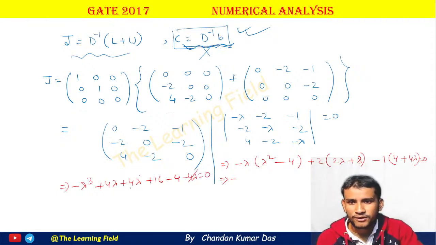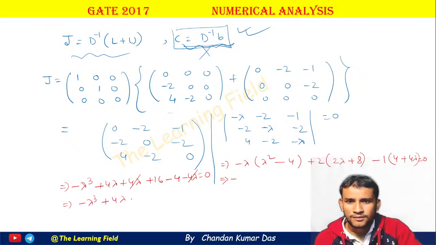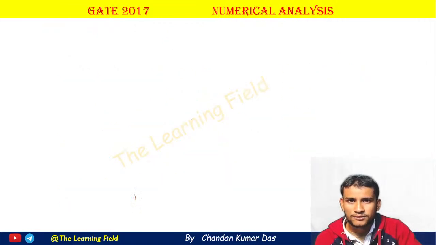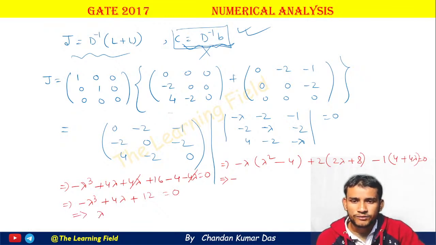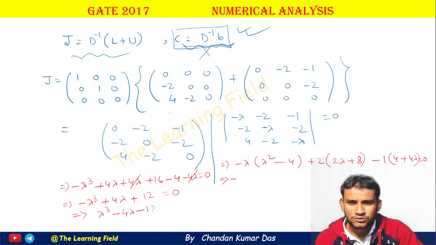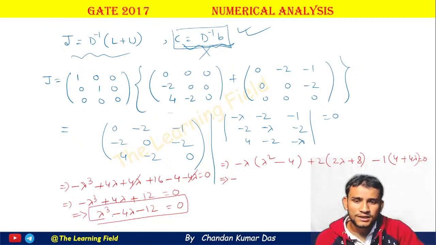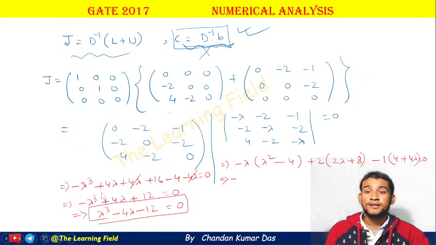The 4 lambda cancel, this gives minus lambda cube plus 4 lambda plus 12, this is equal to 0. This implies we can write lambda cube minus 4 lambda minus 12 equal to 0. So this is the characteristic equation of the J matrix.